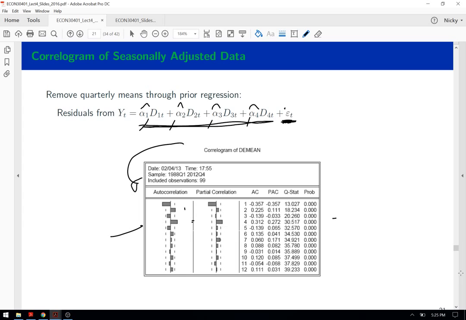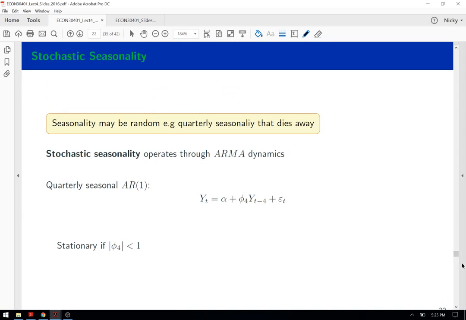So what this is saying is, even after removing the mean, even allowing the mean to change, there may be further seasonality in these error terms. So we may want to remove more of the variation from y. For example, maybe we have a quarterly AR(1), where Y_t depends on Y_t minus 4.